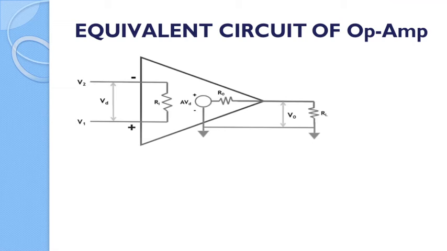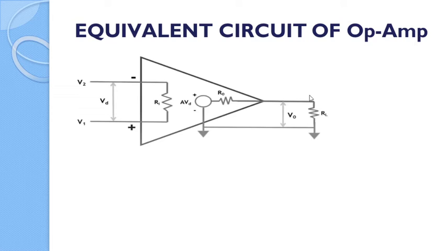As you can see, this voltage source has a value given by A into VD, where A is the gain of the amplifier and V0 is the output voltage. The output voltage is always obtained across the load resistance RL. So this is the basic equivalent circuit of an operational amplifier.